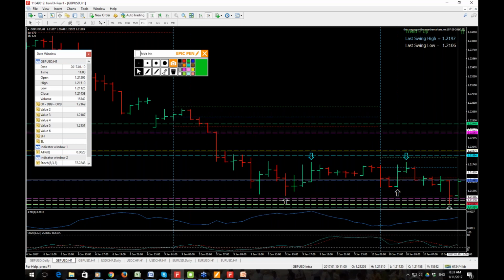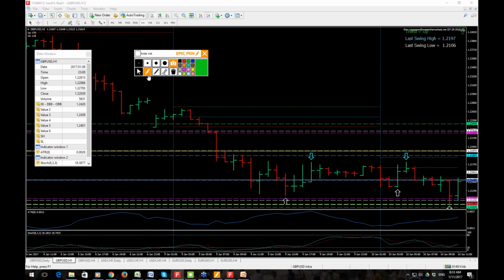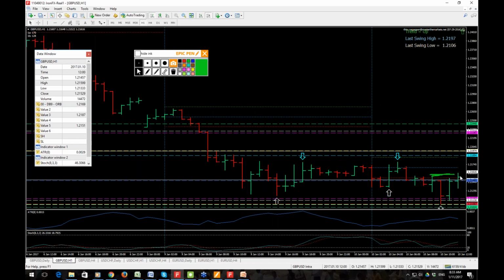So at 10 a.m., this was the bar that we had 2 1-hour bars ago, 2 hours ago basically, right? So 2 1-hour bars ago, that would be 1, 2. Trail your stop loss to here, right? And that's what we did. That's a time stop. Okay, that's a time stop. And then we got stopped out over here, right? And that's that. We got a very small loss of 15 pips yesterday. All right, okay? Small loss of 15 pips.